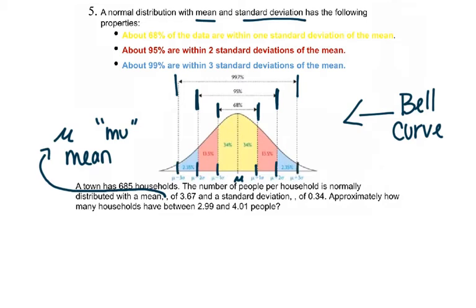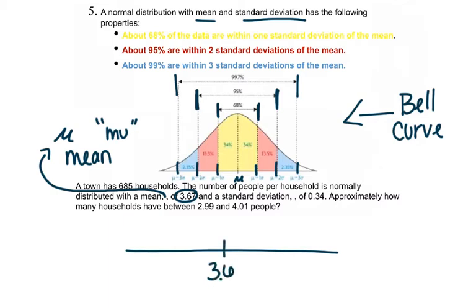So we will talk more about this if you take Math 4 with me, or if you take statistics with the college. You'll spend a lot more time. Ours is very basic, so let's just read the problem. A town has 685 households. The number of people per household is normally distributed with a mean of 3.67.